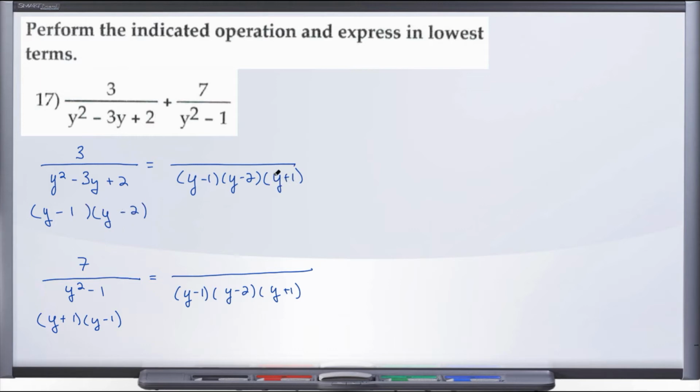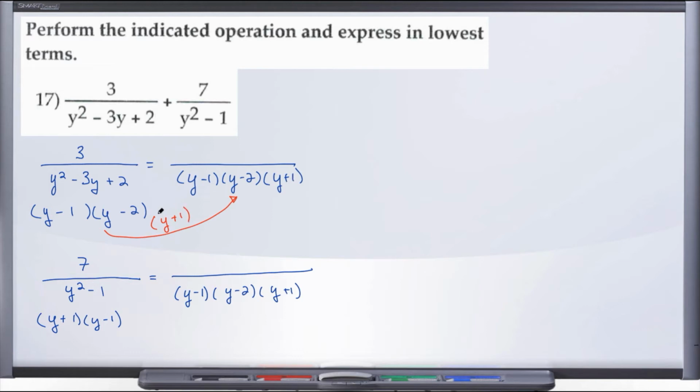Well, how do we incorporate that y plus 1 into the original denominator? Well, to get from 2 factors to 3 factors, we had to multiply by the missing factor. So we are technically multiplying by y plus 1, which gives us this common denominator.